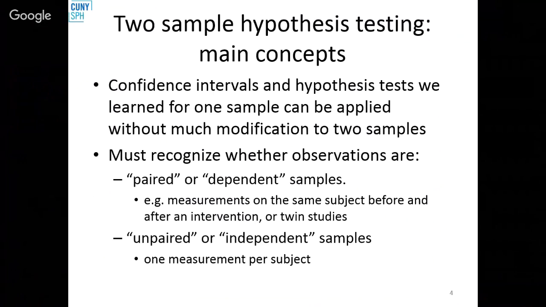For example, twin studies, for example, measurements on the left and right eyes of individuals, somehow where each of the observations from the 2 samples are paired. And they're unpaired when that is not the case, when there is no way that observations in the 2 samples are connected to each other individually.